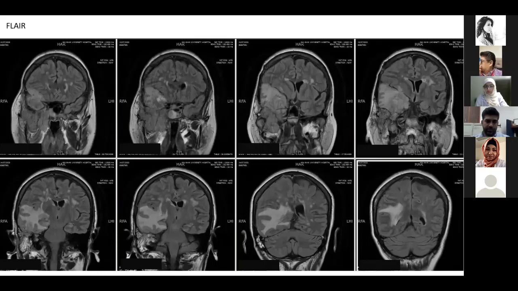But as I mentioned earlier, all these factors are very important when you're talking about re-radiation.